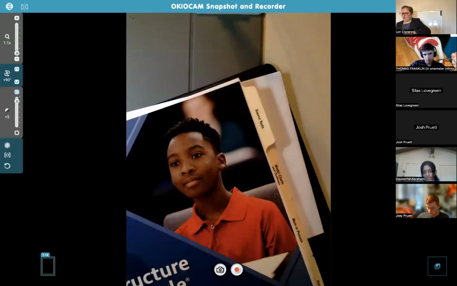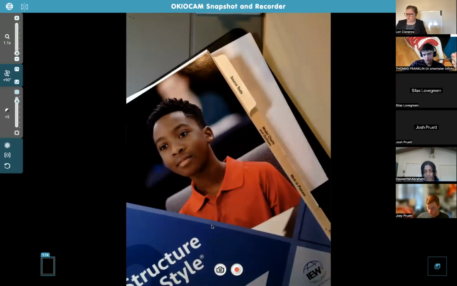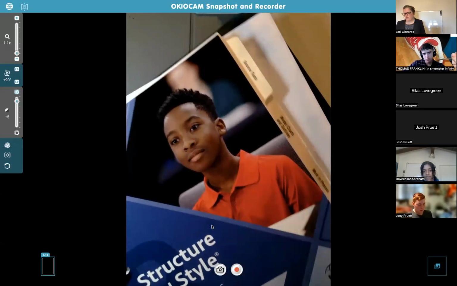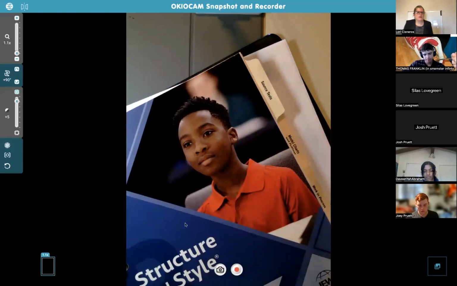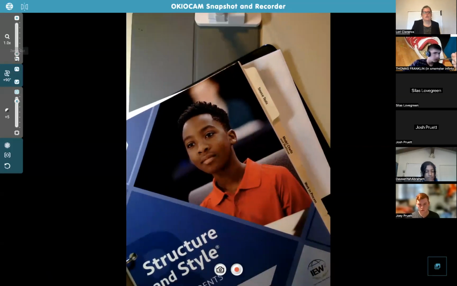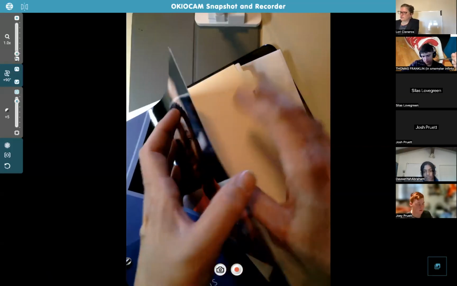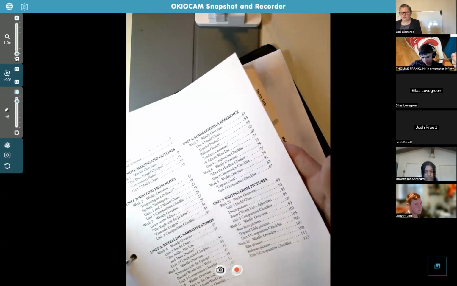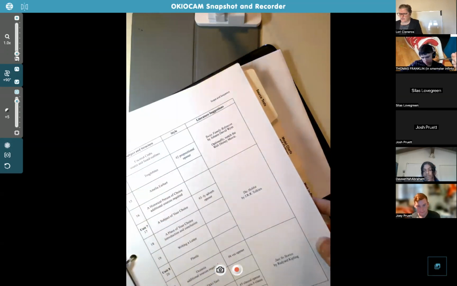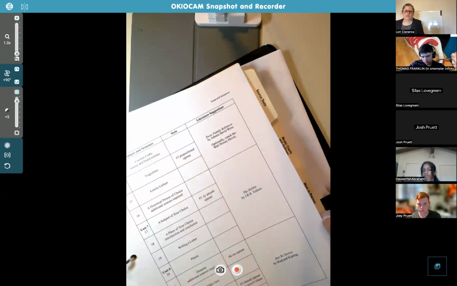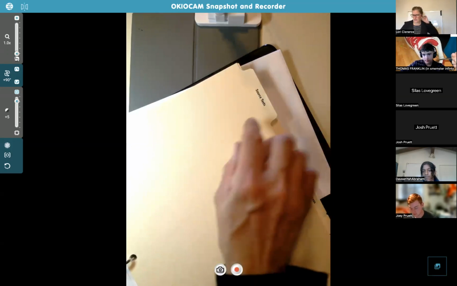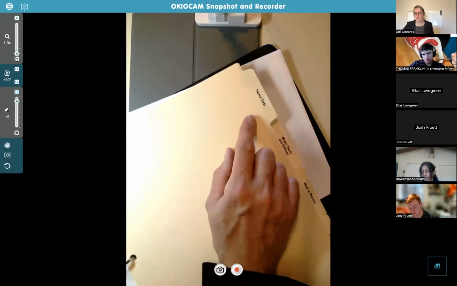I just wanted to ask you guys, and you can just unmute and tell me if you have it already set up this way, but here's the very front of the inside of my binder, and the first section here is just the introduction, table of contents, and then we have this called scope and sequence page. And then my next tab is source text. Is that how your binder looks? Did we set it up like that?